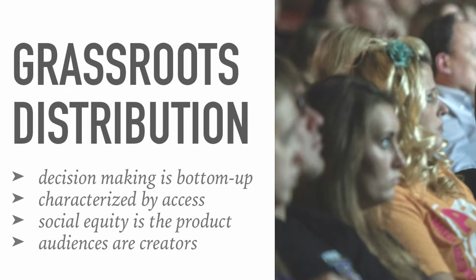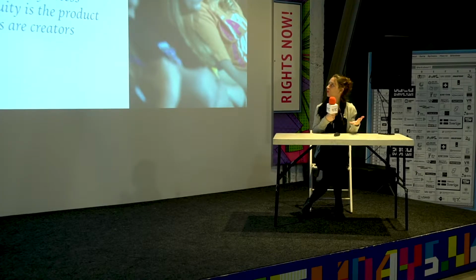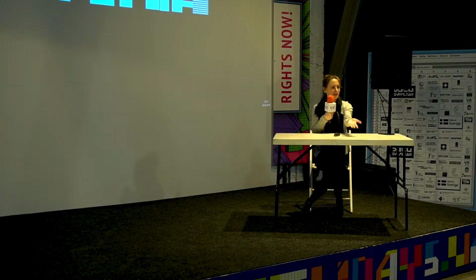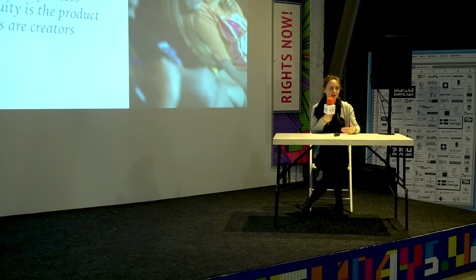In grassroots distribution, we try to flip each of those things to its opposite. So decision-making in grassroots distribution is ground up. At Film Sprout, what we have done is to say, instead of telling audiences, okay, the film is coming out on May 12th in these theaters, 7 o'clock, here's the ticket price, come or don't come, it's up to you. Kind of presenting a plan that the audience then has only one choice but to respond to.